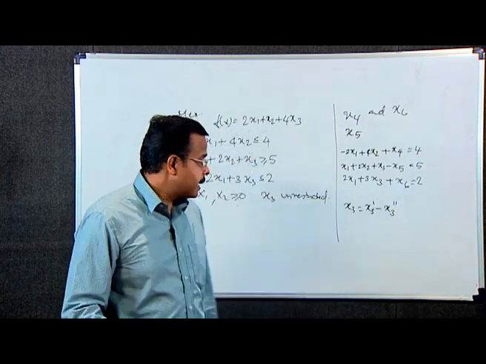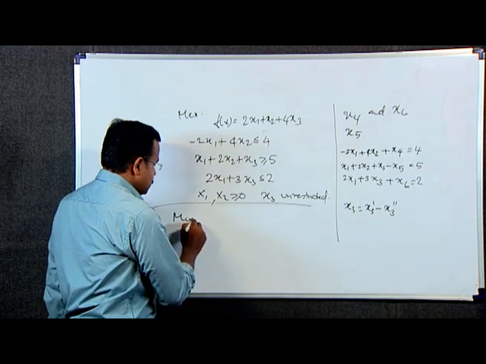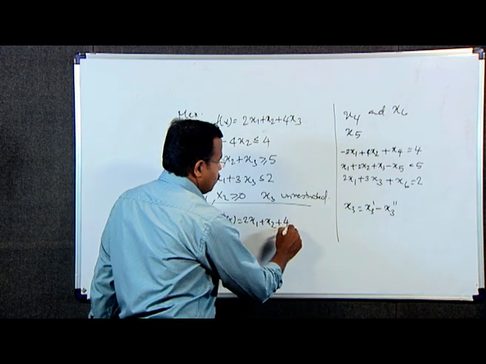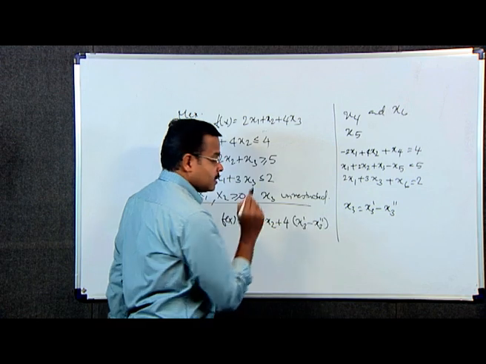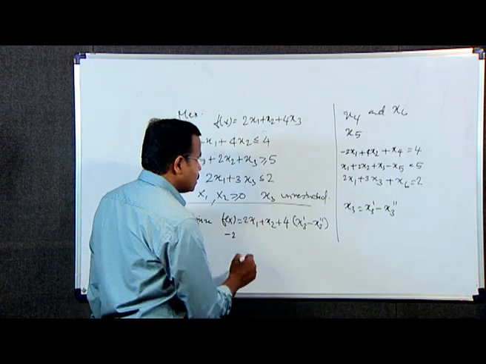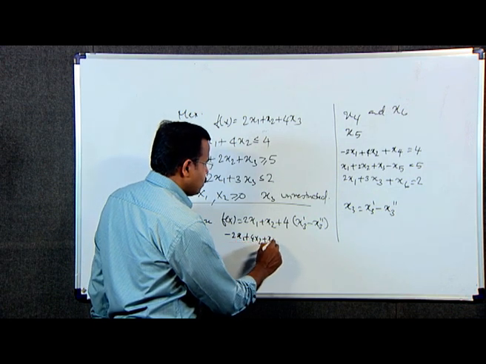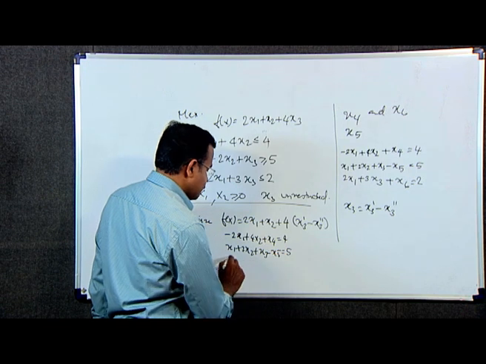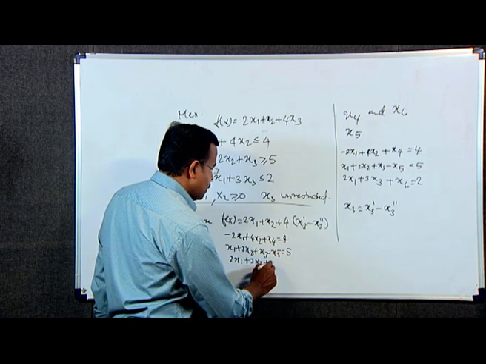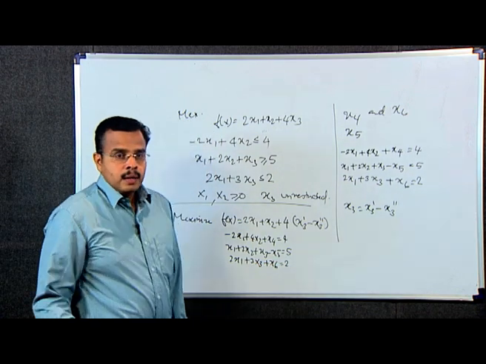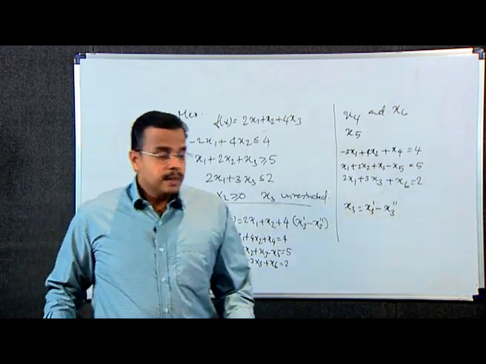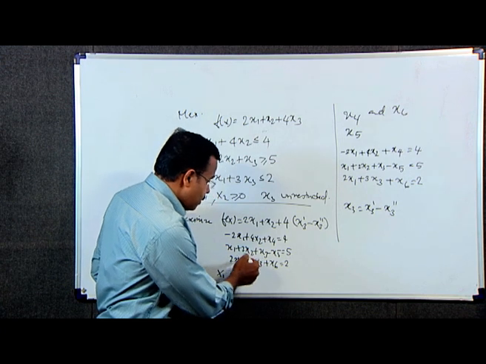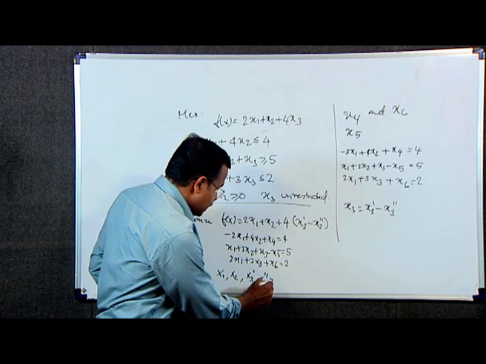Hence, the problem is to maximize f of x equal to 2x1 plus x2 plus 4 into x3 dash minus x3 double dash, subject to the equations minus 2x1 plus 4x2 plus x4 equal to 4, x1 plus 2x2 plus x3 minus x5 equal to 5, 2x1 plus 3x3 plus x6 equal to 2, and the non-negative restrictions x1, x2, x3 dash and x3 double dash greater than or equal to 0.